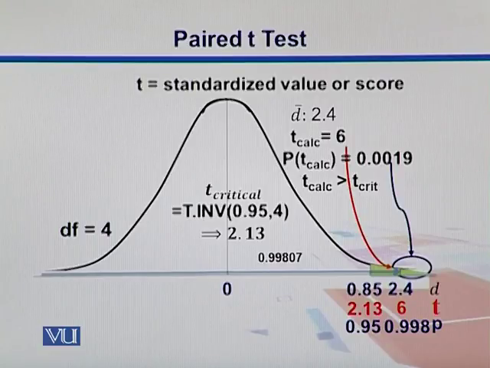Our T calculated is greater than T critical, and the probability of this T calculated is less than alpha, or less than 0.05. So it's a significant event. It's the same data which we used earlier, the values are the same, but doing it as a paired t-test, since we fit the right model, we can come up with significant results.